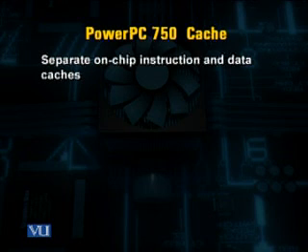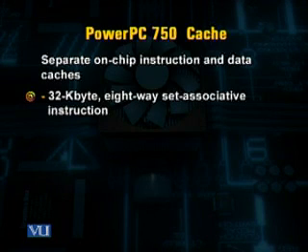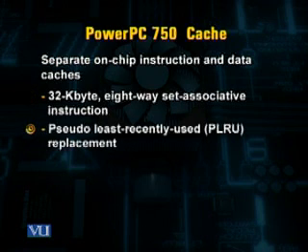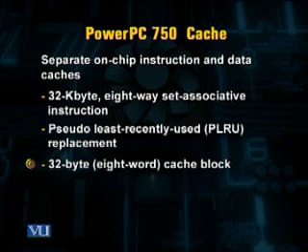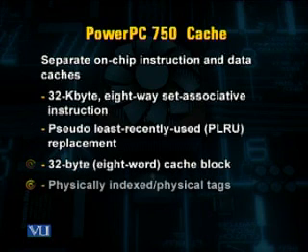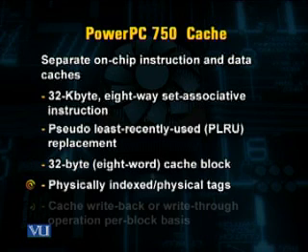The 750 PowerPC has separate on-chip instruction cache and data cache. These caches are 32K byte 8-way set associative instruction cache. It is using the pseudo least recently used replacement policy, and 32 byte 8-word cache block, physically indexed and physical tags.